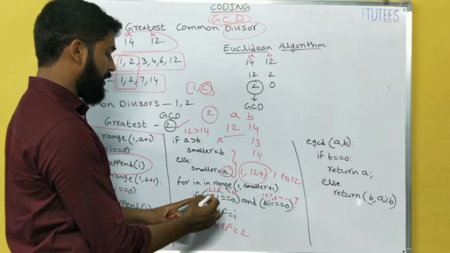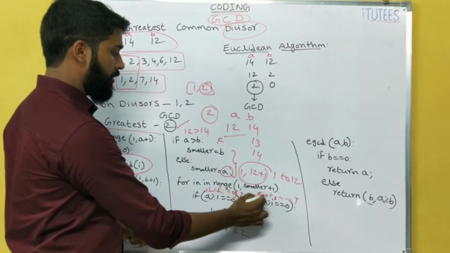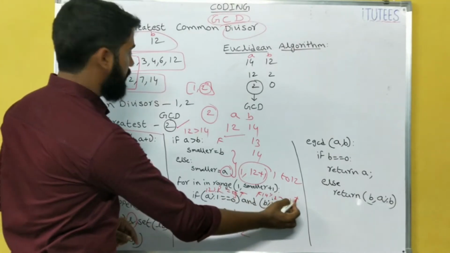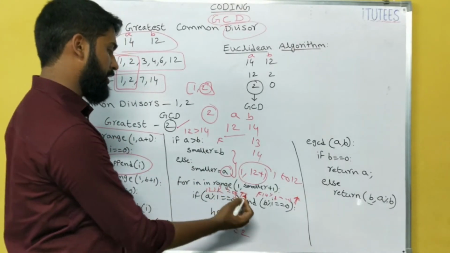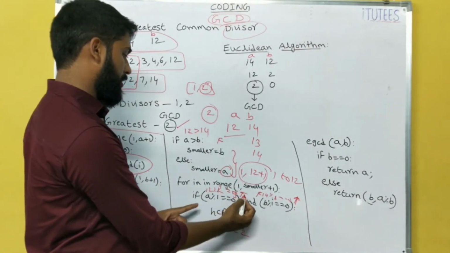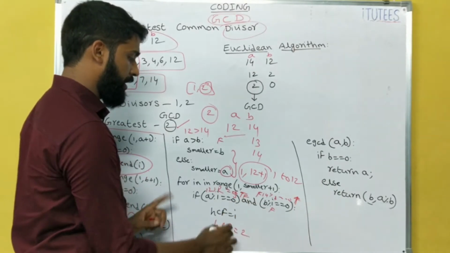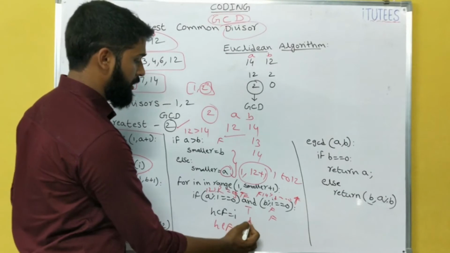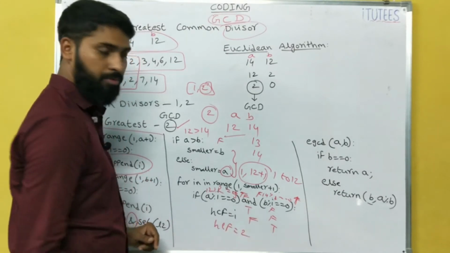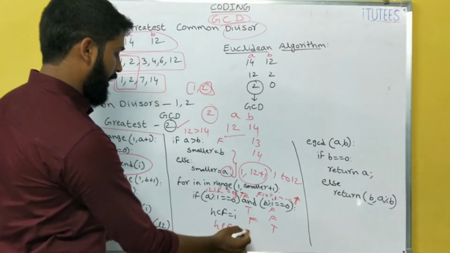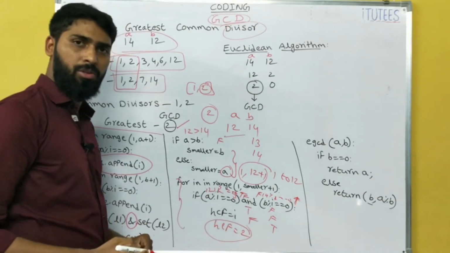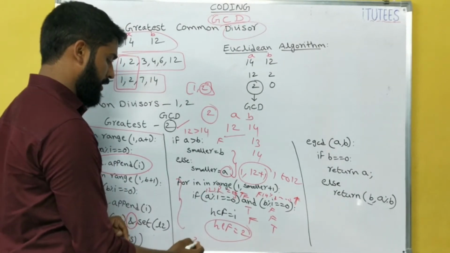In the next conditions, one is true and the other false, or both false, and so on. At the end of this loop, the HCF equals 2. We are going to print the HCF.